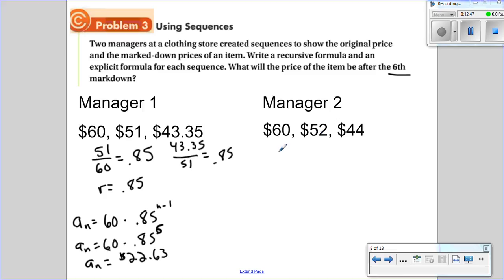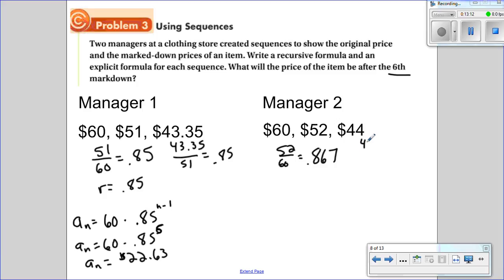Okay? Here, same thing. So we have to take 52 divided by 60. And if we do that, we get 0.867.